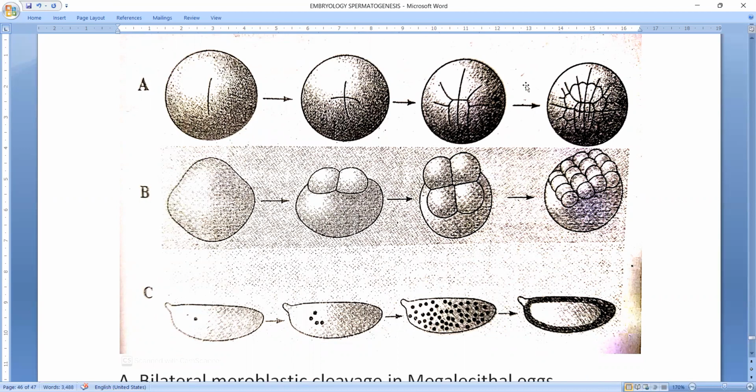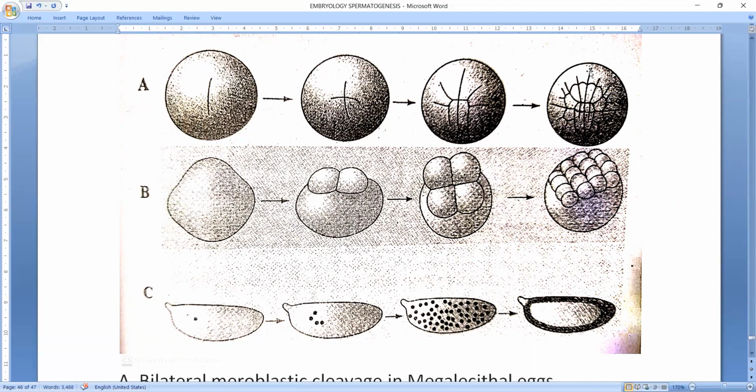It is completely from the middle of the developing embryo. The blastomeres that form are arranged in a bilateral arrangement. The first cleavage furrow will become the central axis, and all are arranged in this bilateral method.